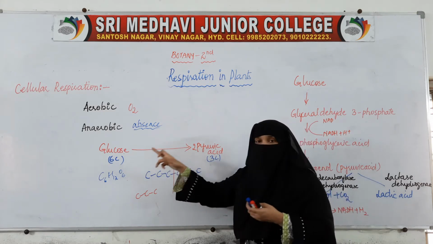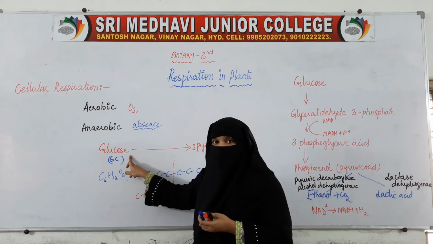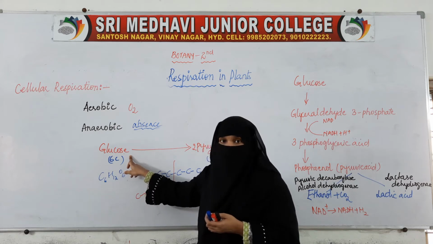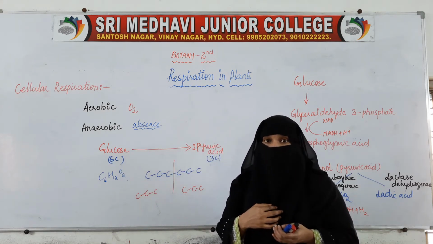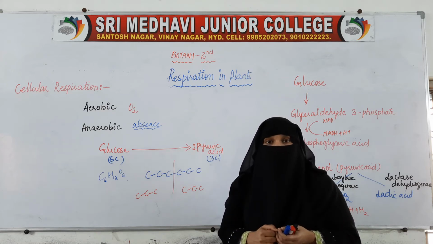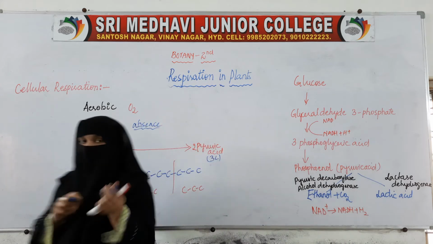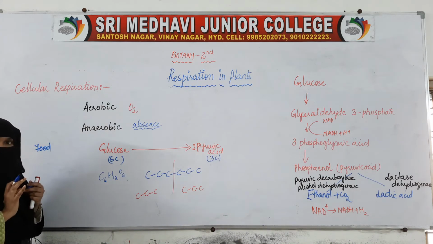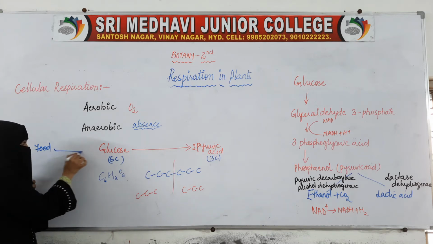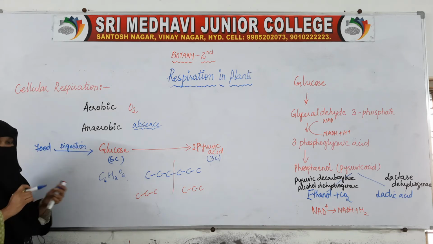Inside the cell the glucose will be broken down, because the simplest form the cells can take is glucose. We eat food material, and after digestion it changes into glucose.